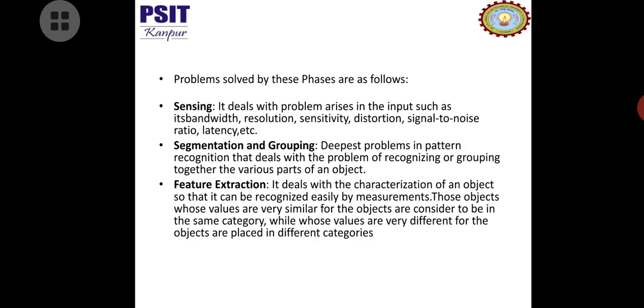Now the problems solved by these phases are as follows. What are the problems you can solve with the help of these phases? Number 1, sensing. It deals with problems that arise in input, such as bandwidth, resolution, sensitivity, distortion, and signal to noise ratio.